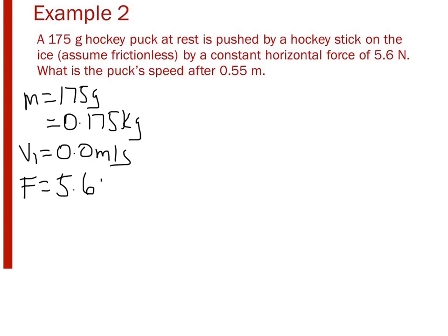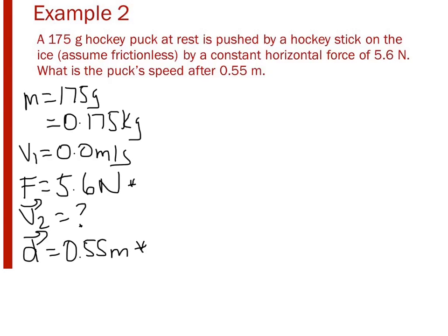What is the puck's speed after 0.55 meters? To do this, let's look at what we can figure out. We have a force and we have a displacement, which allows us to figure out a work. So let's go ahead and do that and then see if that helps us get closer to what we're being asked to find.